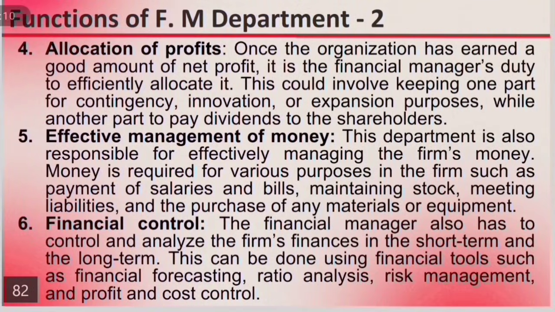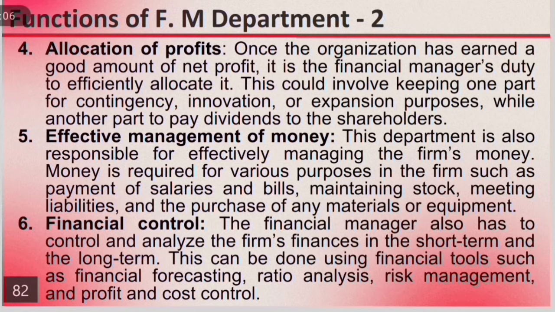Functions of Financial Management Department. Number 4. Allocation of profits. Once the organization has earned a good amount of net profit, it is the financial manager's duty to efficiently allocate it. This could involve keeping one part for contingencies, innovations, or expansion purposes, while another part is used to pay dividends to the shareholders. Number 5. Effective management of money. This department is also responsible for effectively managing the firm's money.